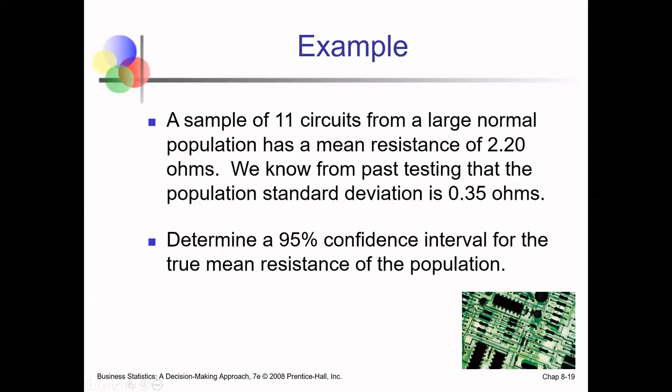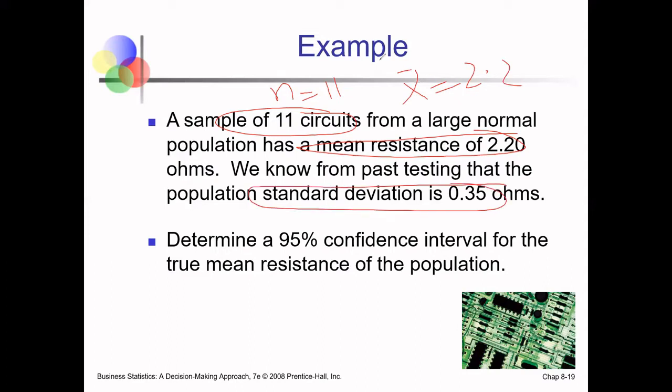For easy understanding, here the sample size n is 11, the mean value x bar is 2.2, and the standard deviation is 0.35, so sigma is 0.35.